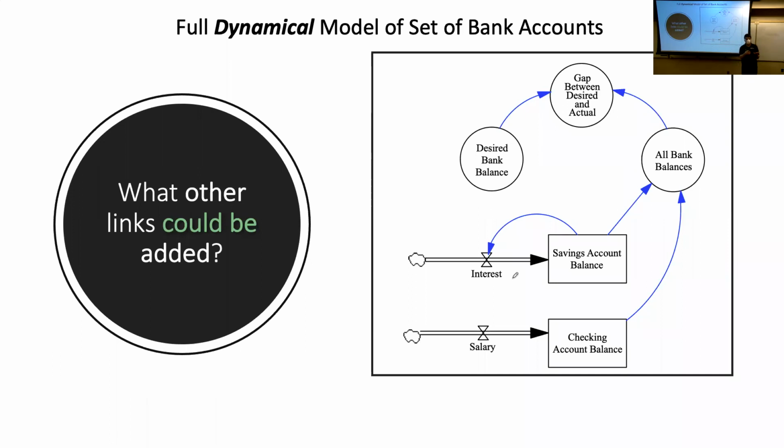Interesting question. The question was, why don't the stocks need to be connected to desired bank balance too? Now, I might model a psychological effect where my desired bank balance would rise as my current bank balances rise. But here I'm modeling a simple model where the only thing I care about is getting $1,000 in both my accounts.